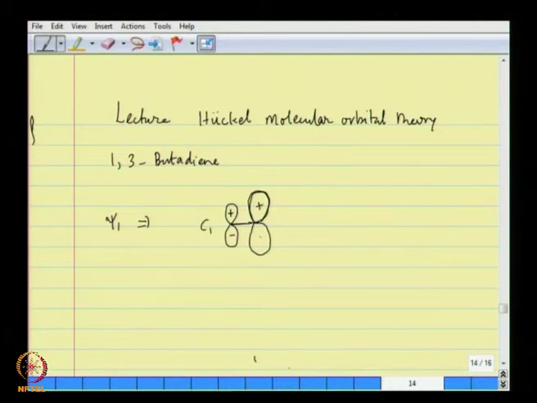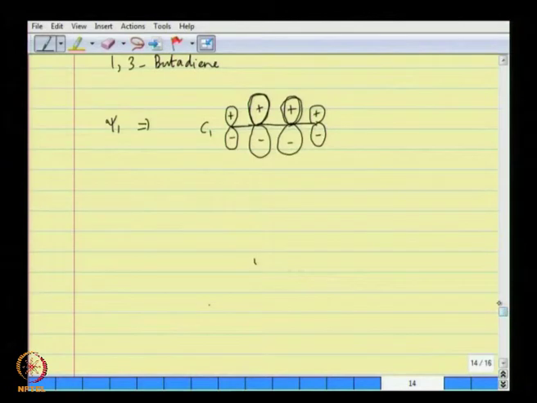So it is also with the plus sign, and the third carbon has exactly the same numerical coefficient as the second carbon. So this is also plus minus, and the fourth carbon has the same numerical coefficient as the first carbon, so it is plus minus. So in this wave function all the p orbitals are in the same phase, and therefore when you square this coefficient and plot the electron density, it is sort of oval shaped.